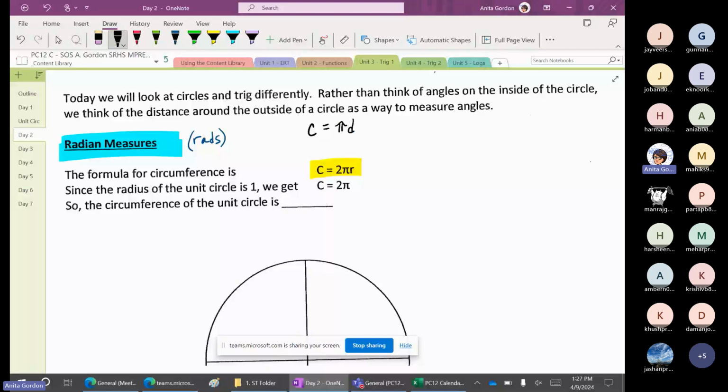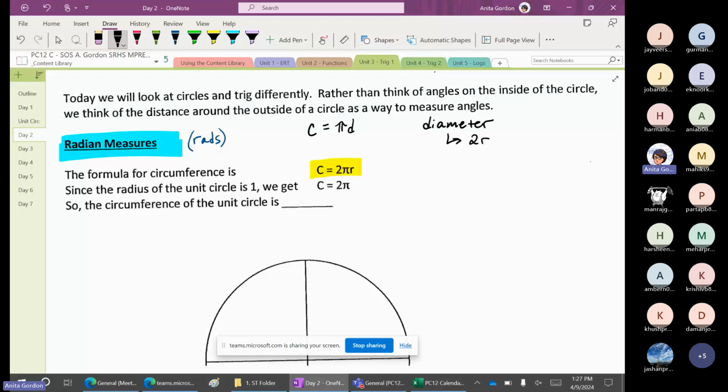D is the diameter, which is 2 times r, right? Radius is halfway across the circle, diameter is all the way across. So we can write the circumference of a circle either as pi d or 2 pi r.